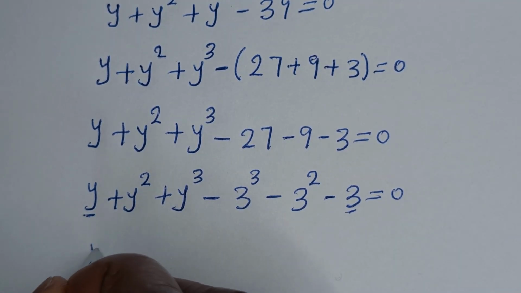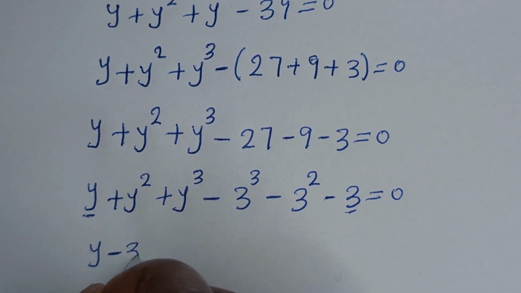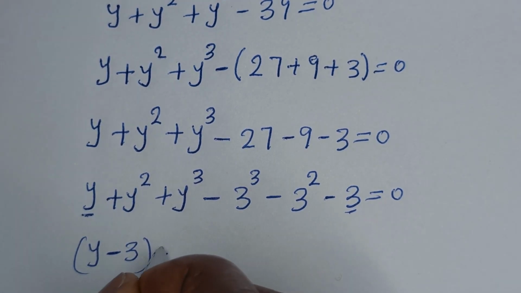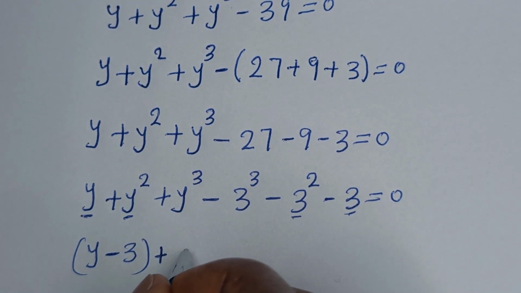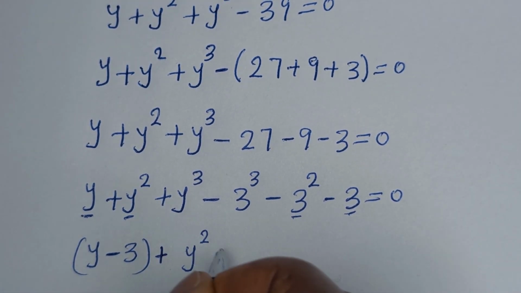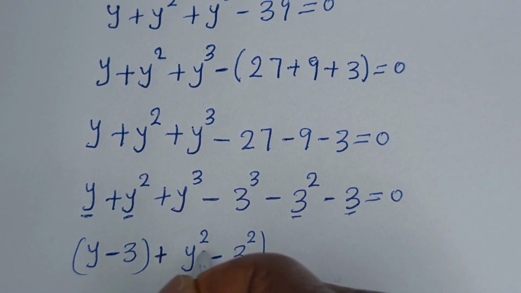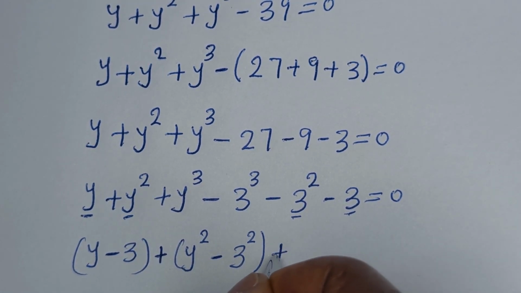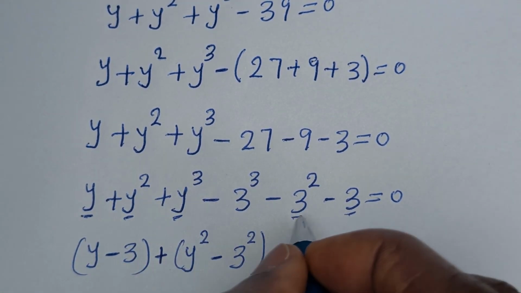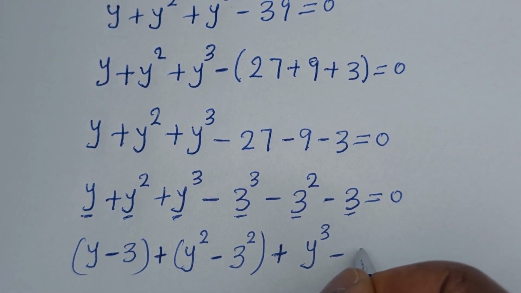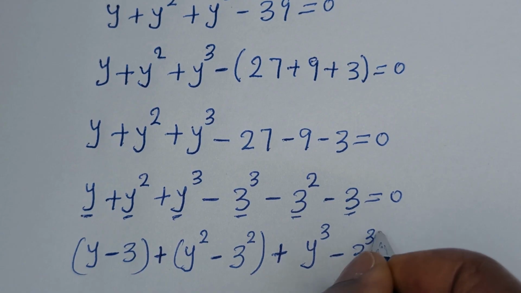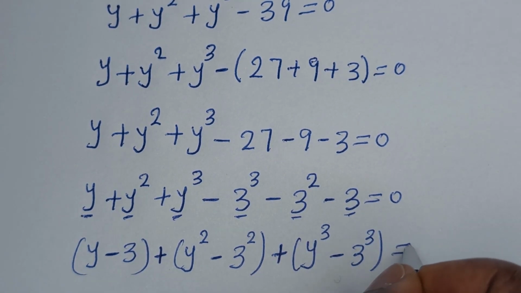We have y minus 3 bracket plus, let's pair this and this together. We have y square minus 3 square bracket plus, let's pair this and this together. We have y raised to power 3 minus 3 raised to power 3 is equal to 0.